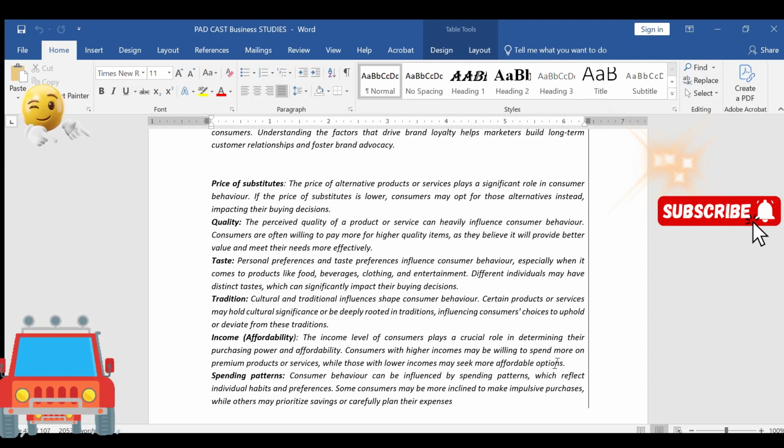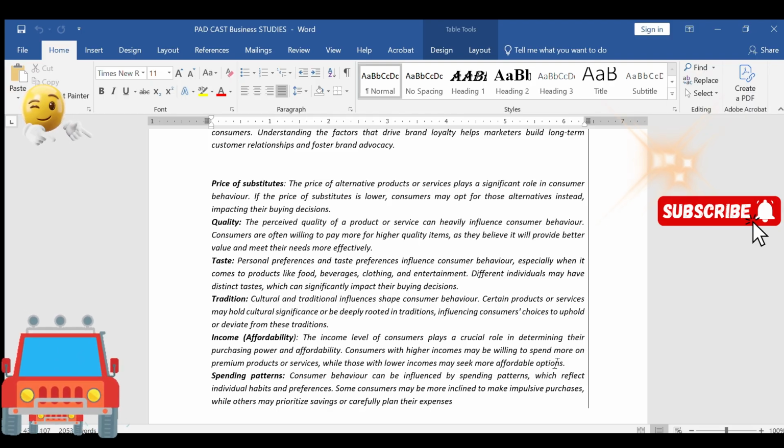The perceived quality of a product or service can heavily influence consumer behavior. Consumers are often willing to pay more for higher quality items as they believe it will provide better value and meet their needs more effectively.